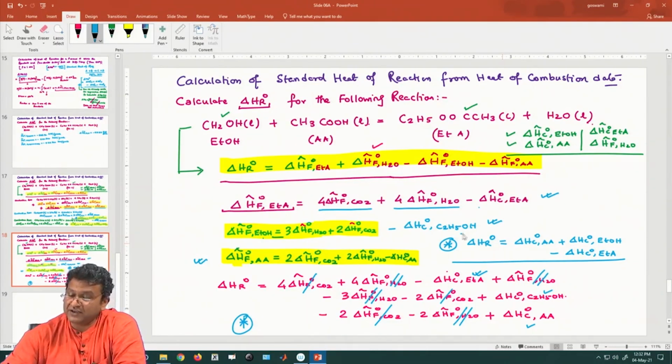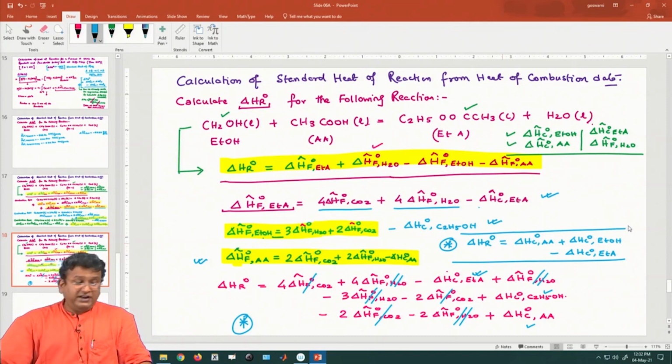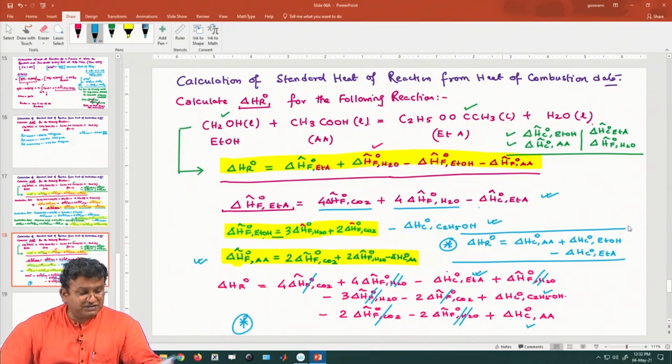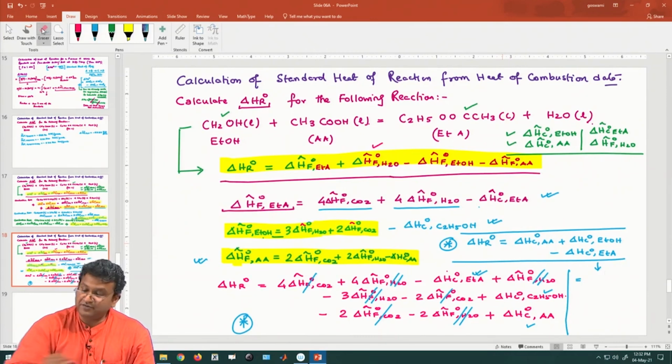You can actually quite easily find out straight away the heat of combustion data, right. So, that is how it goes, and just for the sake of curiosity, if you would like to calculate the heat of reaction over here, it will turn out to be minus, or let me change slide at this point of time.